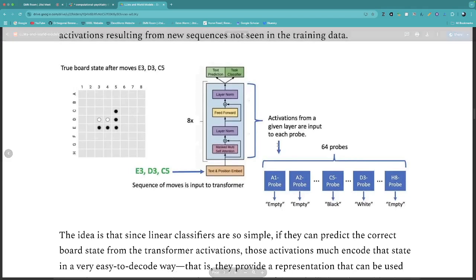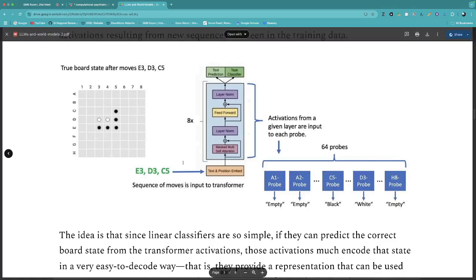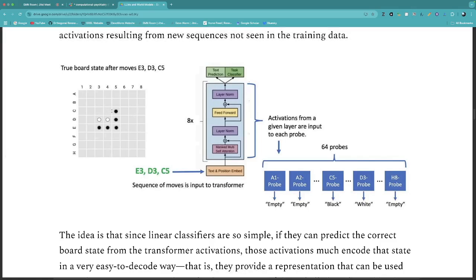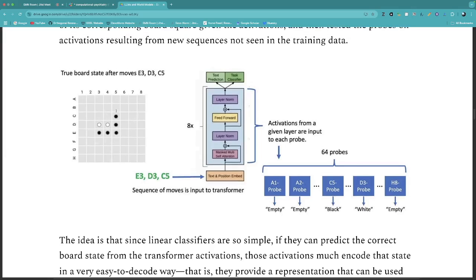And then you have these activations from a given layer, and this is the input to each probe. So you have the A1 probe, A2 probe, C5 probe, D3 probe, H8 probe, meaning that it's basically sampling each position on the board and seeing if there's a token on that, or I guess in this case, an object in that space.